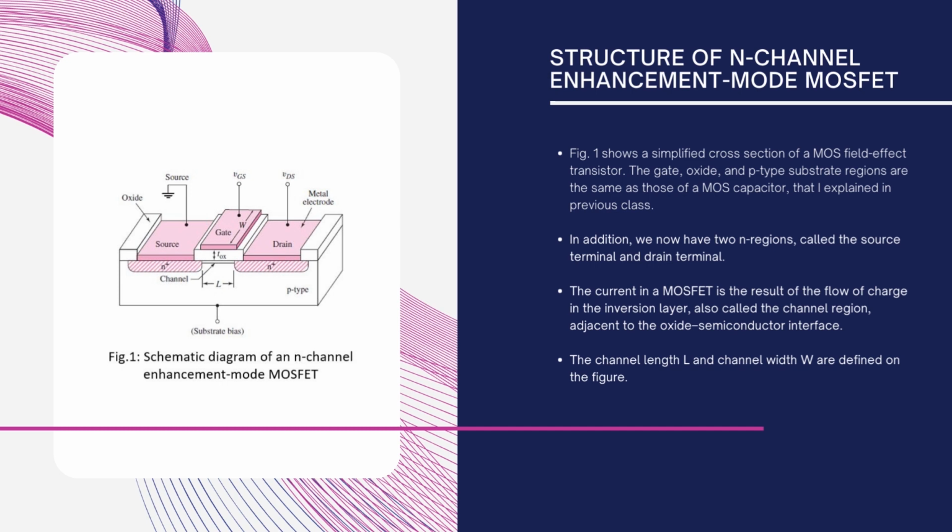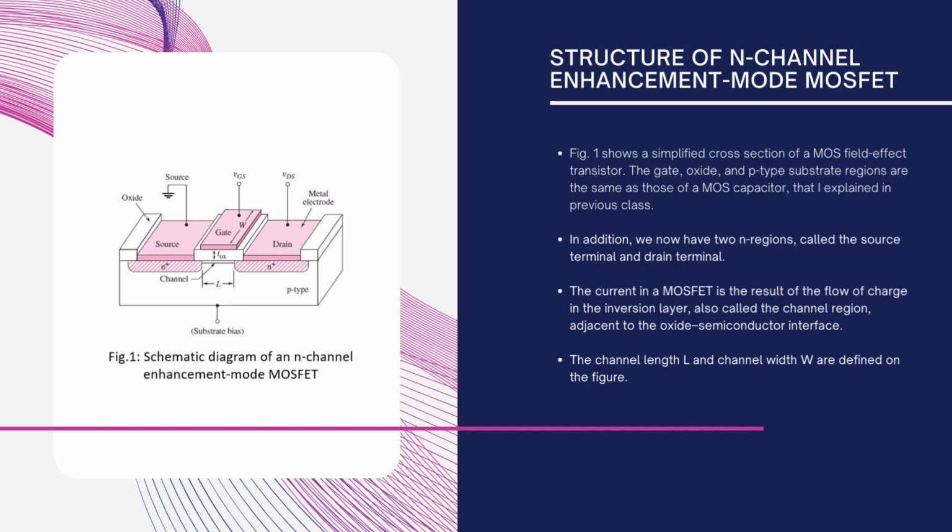In addition, we now have 2 regions called the source terminal and the drain terminal. Current in a MOSFET is the result of the flow of charges in the inversion layer, also called the channel region, adjacent to the oxide semiconductor interface.